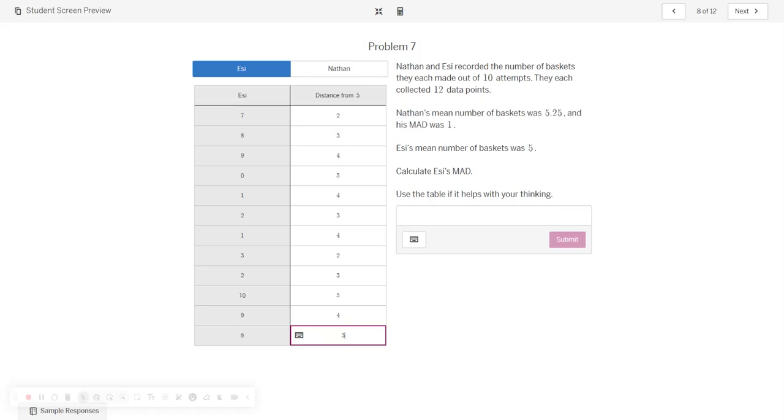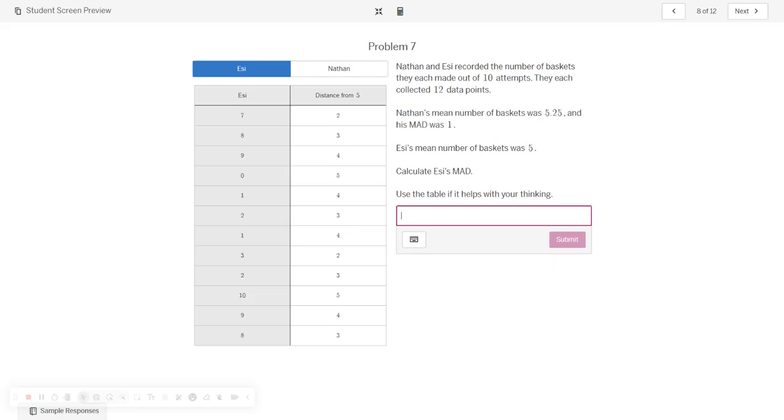So, can I write on this? Nope. I've got 5, 10, 18, 21, 27, 30, 39, 42. 42 divided by 12.